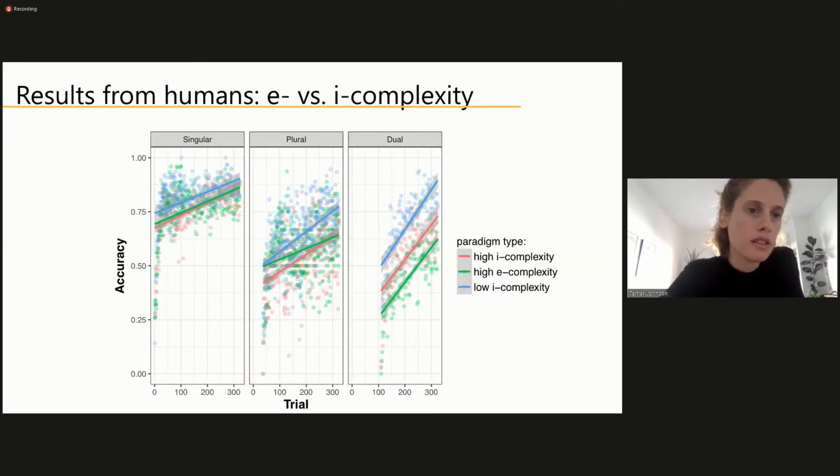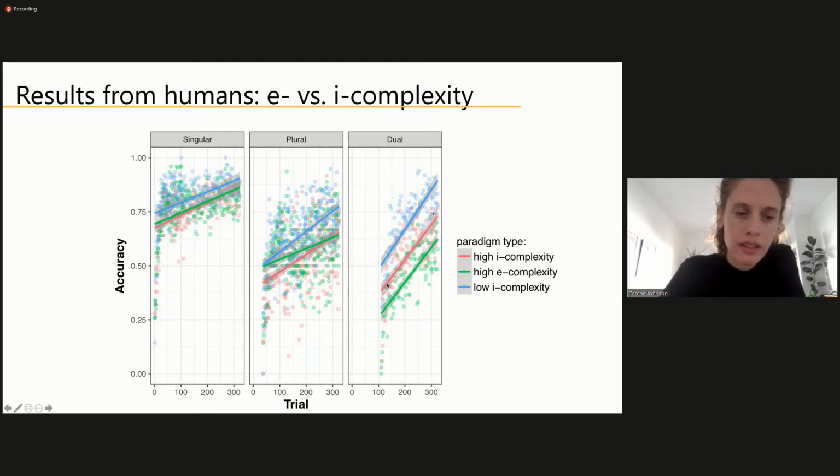So these are the results from the human learners. You can see in green the results from participants trained on the high E complexity paradigms. And you can see that they did worse than participants trained on the high I complexity paradigm.